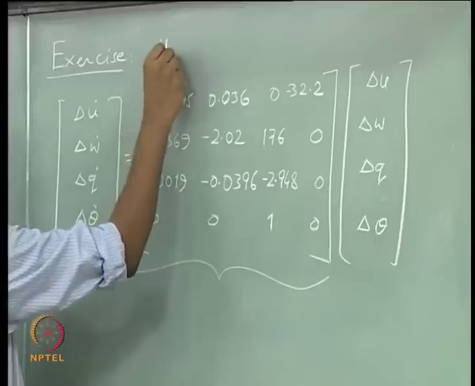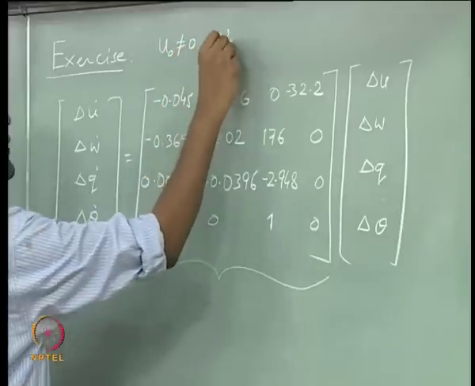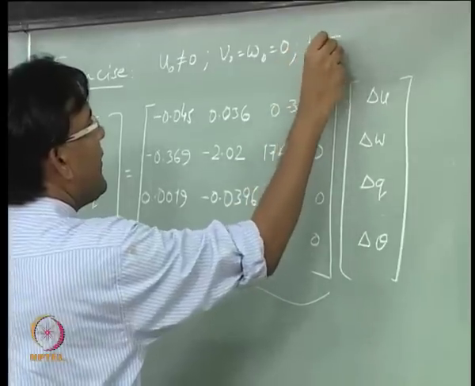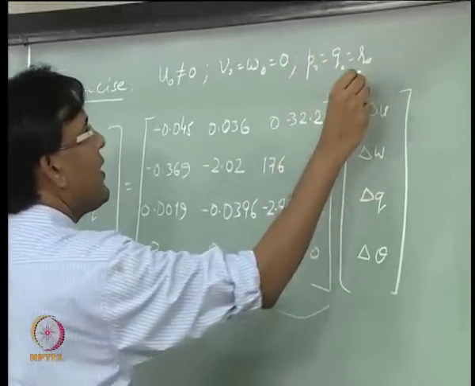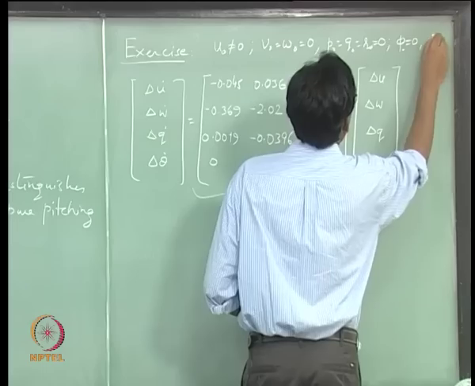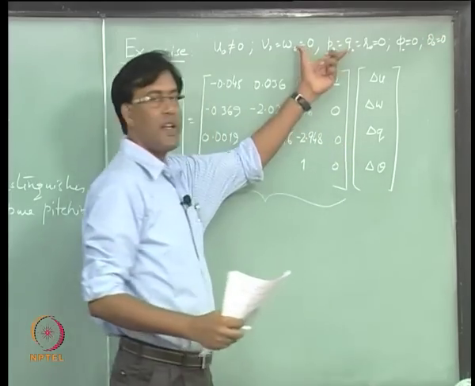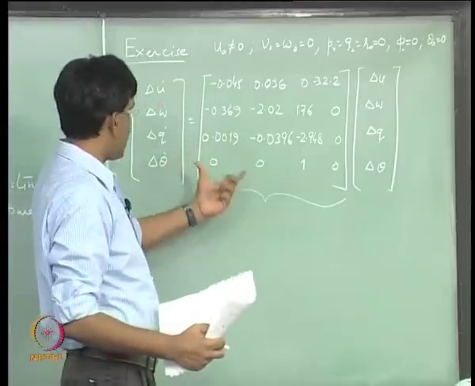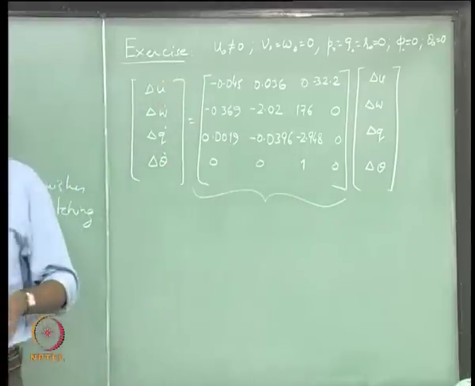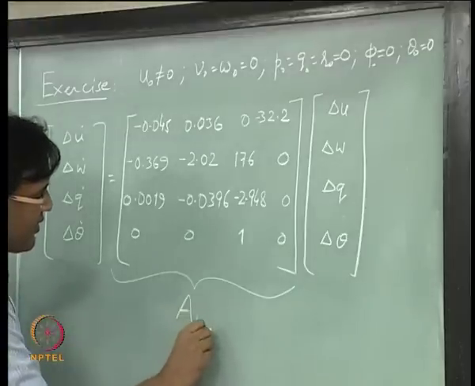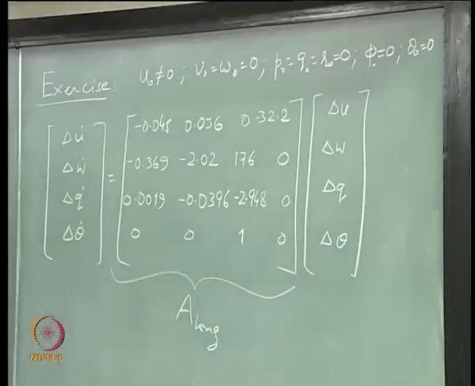So, this is my equilibrium state, about which we have been given this linear model to study the perturbed behavior of the aircraft. So, this is our A matrix.